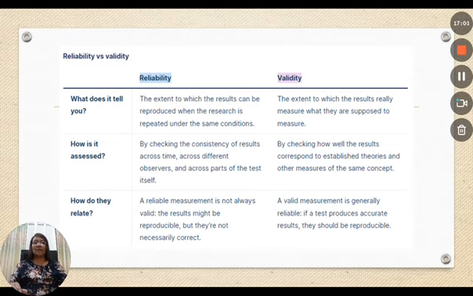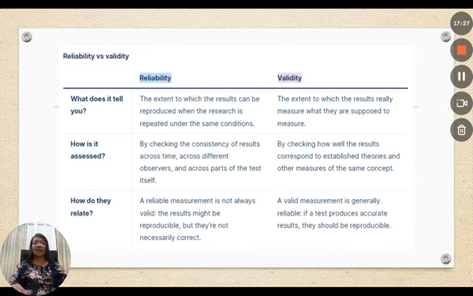How is it assessed? In reliability, by checking the consistency of results across time, across different observers, and across parts of the test itself, while in validity, by checking how well the results correspond to established theories and other measures of the same concept.